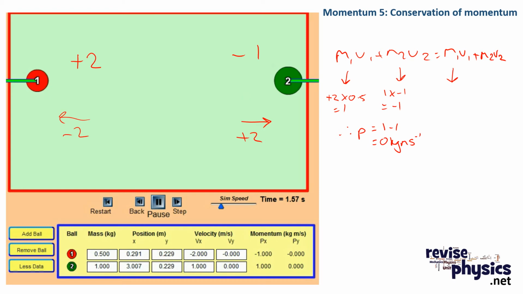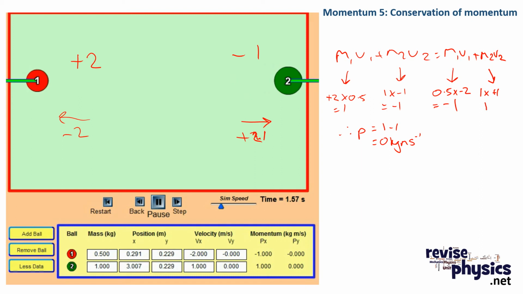But on this side, after the collision, my 0.5 kilogram mass is moving with -2, which gives me a total of -1 kilogram meters per second. My larger mass was moving with a velocity of, oh sorry, that should have been +1 there.